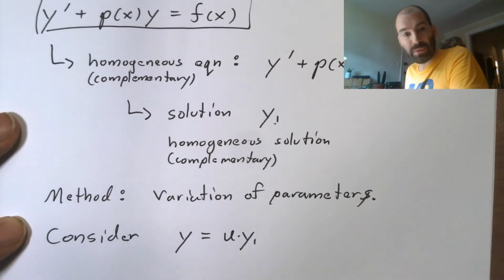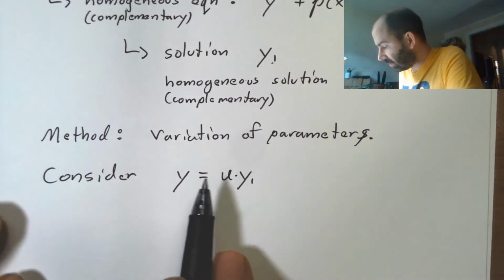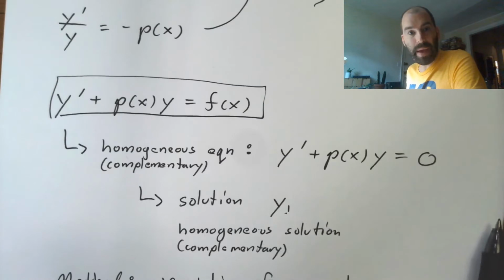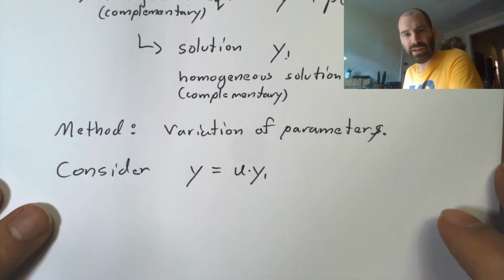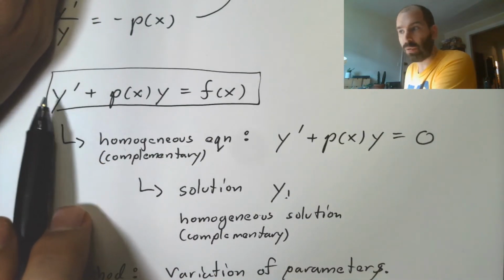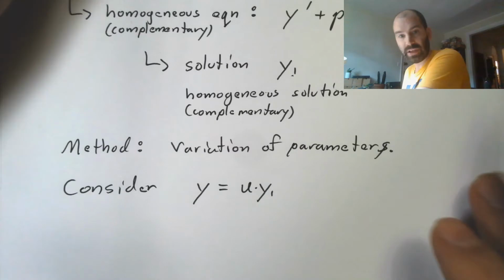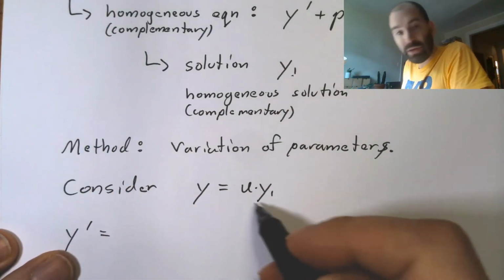Okay, so now we have some new function. Now, what we're going to do is we're going to see if we can fit this back into our differential equation and just see what comes out. All right? So let's try this. So if I'm going to plug it back into this differential equation, I need to find what y prime is. Okay, so let's compute y prime. Well, I use the product rule here, right?